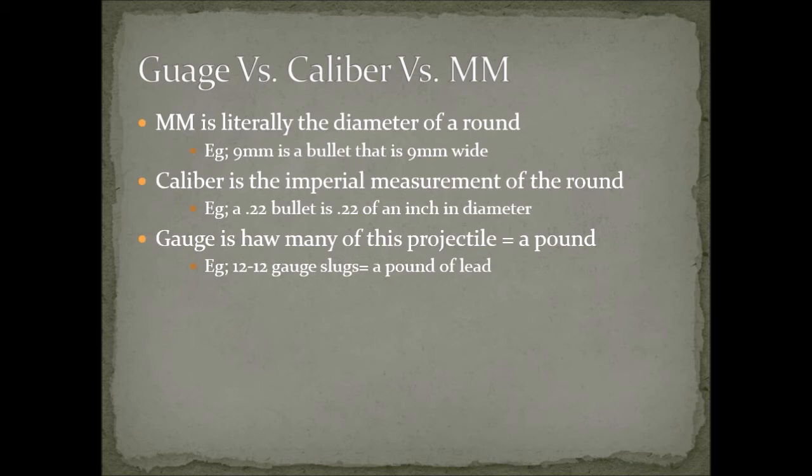The difference is 556 is NATO, international size, and 223 is caliber, which is used here in the United States. If you're a gun nut and you're yelling at your screen right now saying, nope, 223 and 556 are different, you are right. They are different rounds, only in that the 556 generally has a higher compression because they have a higher powder load behind it. The diameter of the round is the same.